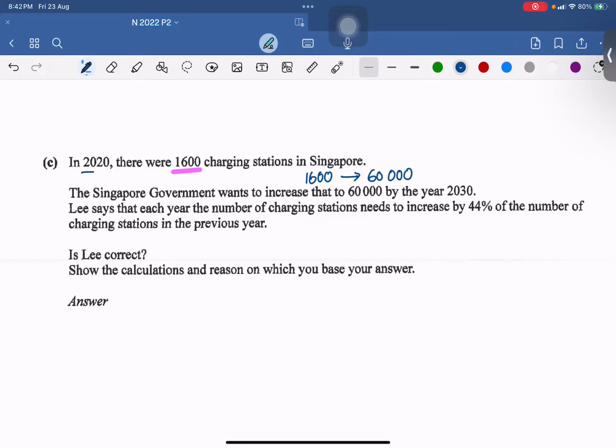Oh, from 2020 to 2030 got 10 years apart. Lee says that each year, the number of charging stations need to increase by 44% of the number of charging stations in the previous year. Oh my God, need to do year by year. Is he correct?